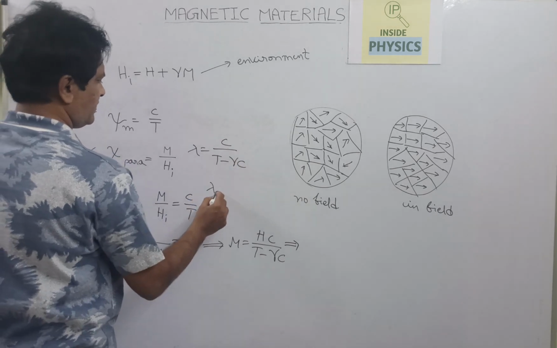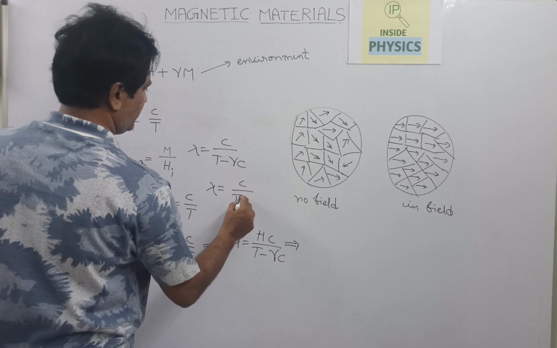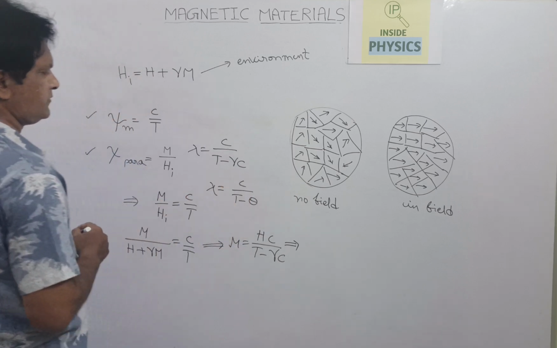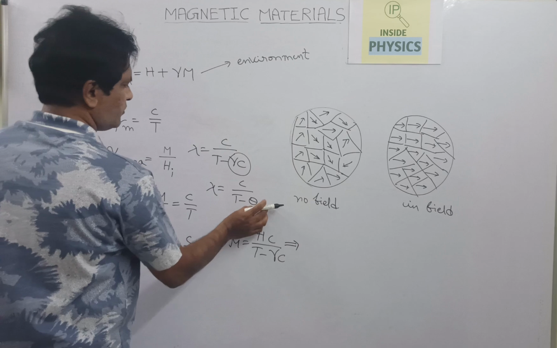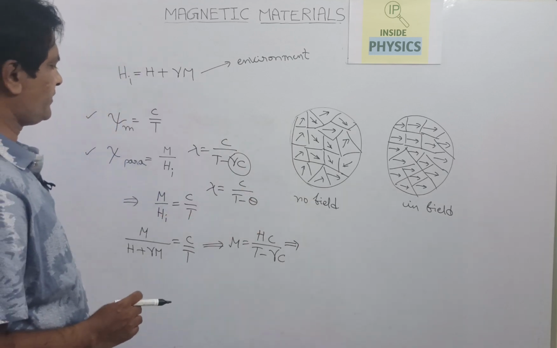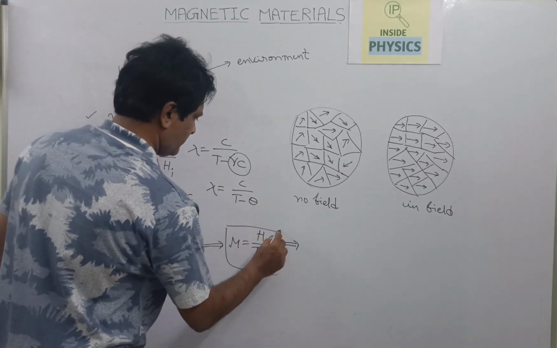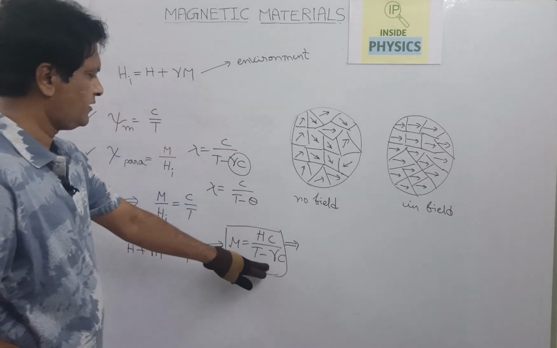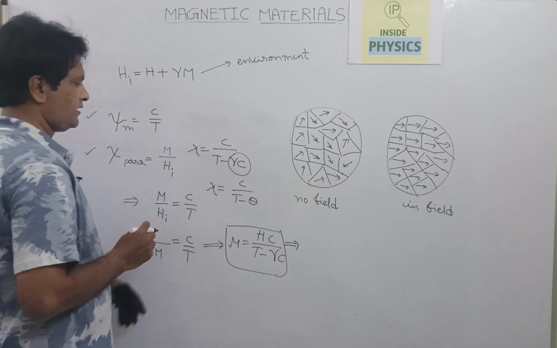This can be written as C by (T minus theta), where theta is a temperature and T is the absolute temperature. So magnetization can be obtained from this relation, and the susceptibility is given here.